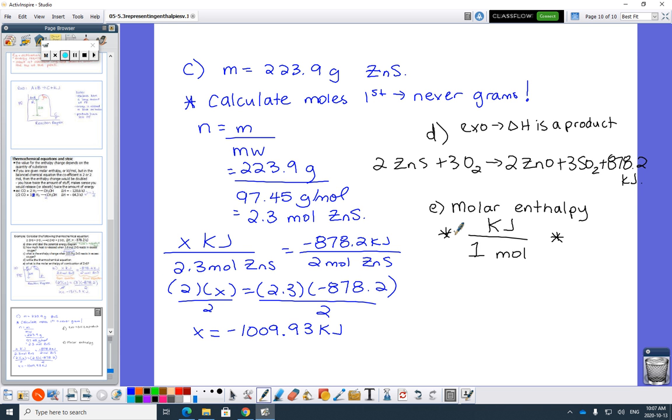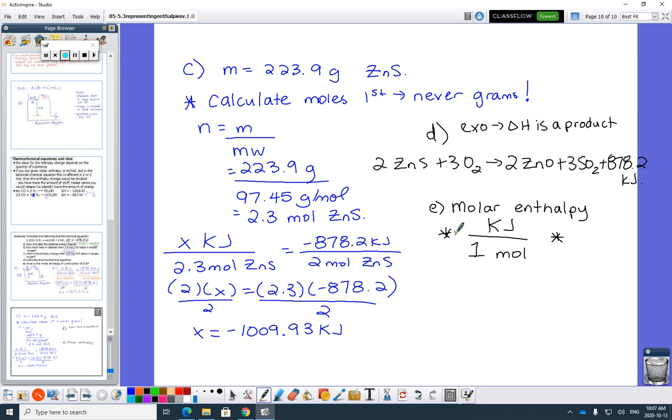So often, if the coefficient's 1, then this is super straightforward. You can just write the answer. But I think I did zinc sulfide again. I chose it especially because it's got a coefficient of 2. So some of you will recognize, oh, I just have to divide by 2 and that's going to get me the molar enthalpy. That's fine. Or if you want to keep your stoichiometry questions all the same, then do the ratio, okay?